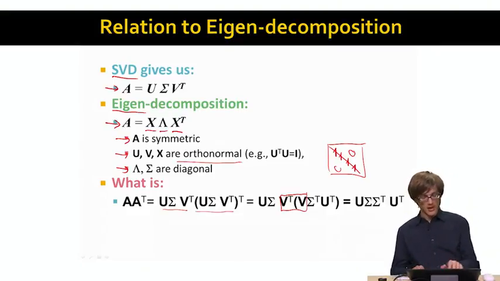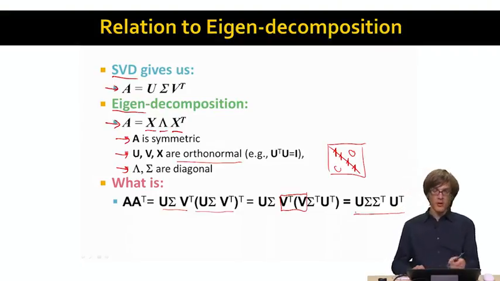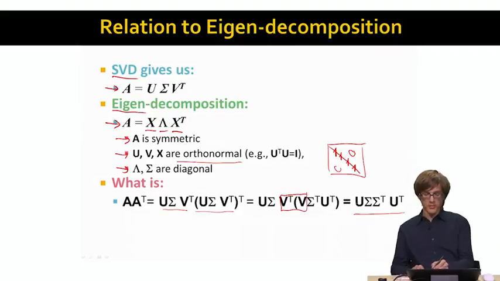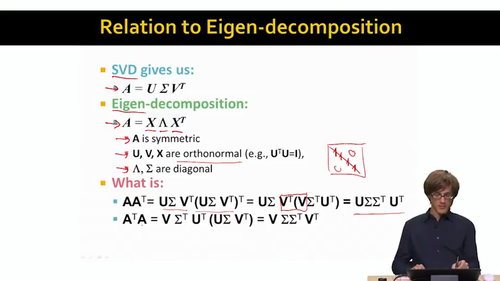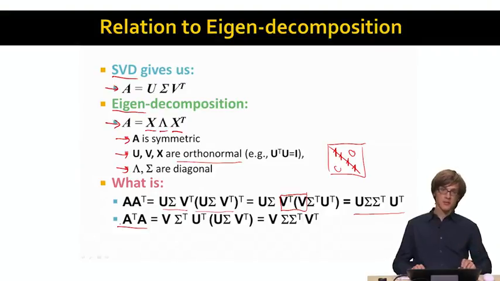So this means that we can take A transpose and transform it down. If we take its SVD and see what happens, it turns out to become U times sigma, sigma transpose, U transpose. Similarly, a similar thing happens if I ask what is the singular value decomposition of matrix A times A transpose.